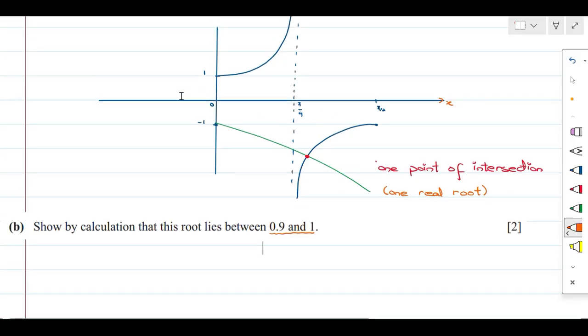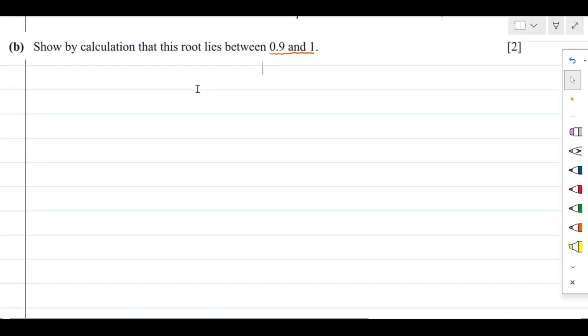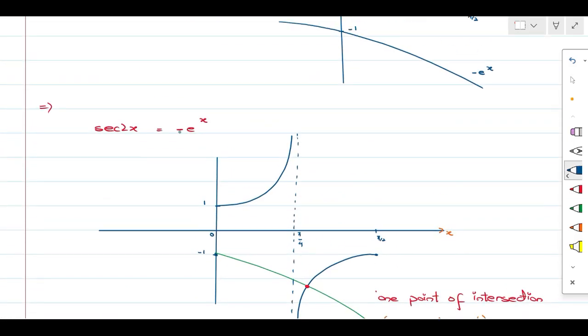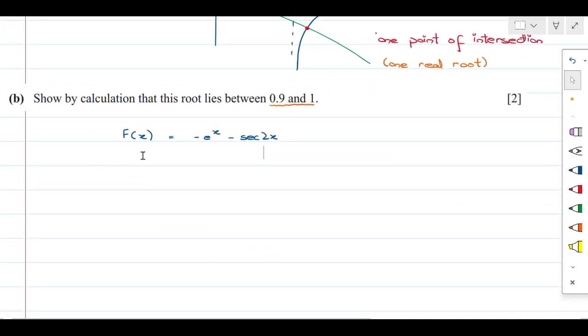Let me make the function f of x equals e power minus x minus secant of 2x. I keep e power minus x as it is, and I shift the other function to this side, so it becomes negative. There must be a sign change.